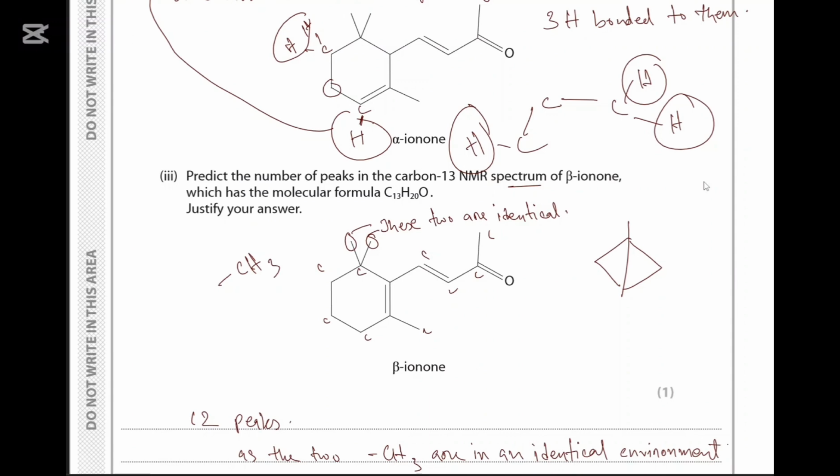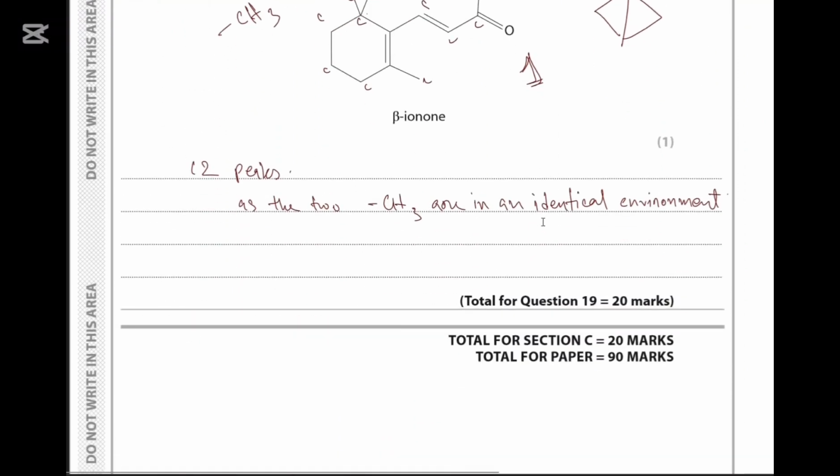Therefore, they are in the same carbon environment. Therefore, they're the only two identical. Therefore, they will give only one peak for both of the CH3 groups. Therefore, since there are 13 carbon atoms, and we reduce one, because for these two I will only have one peak, therefore there will be 12 peaks.